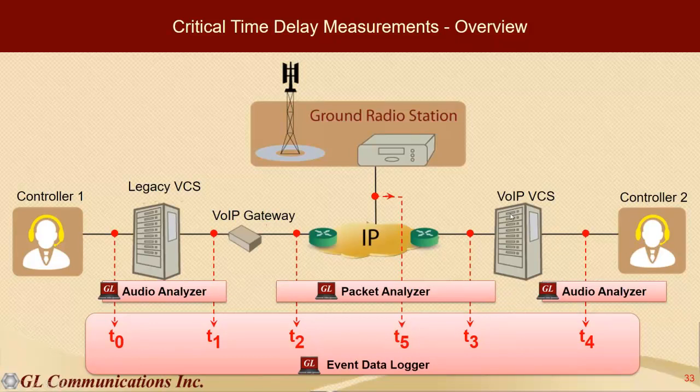You can isolate the VoIP VCS to see the processing time it takes, for instance, from a PTT being enabled on the analog side to when the PTT bit in the ED-137 protocol is enabled. So that can be timed very precisely, very repeatably with our product. So you could do that 100 times, 1,000 times, just to see how this VoIP VCS is performing. And you can get the picture of how you can do that from different points within this network.